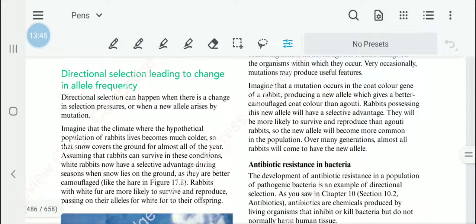Now for example, if you take the same conditions, the snow is white, and the white rabbits will survive.